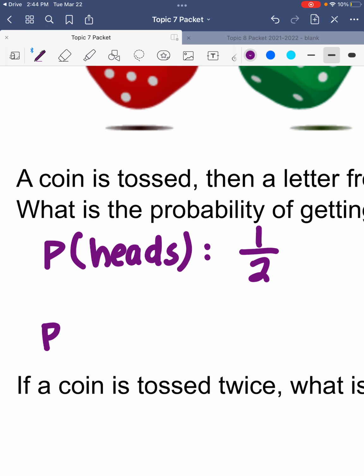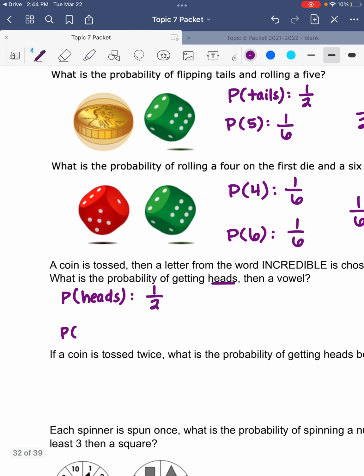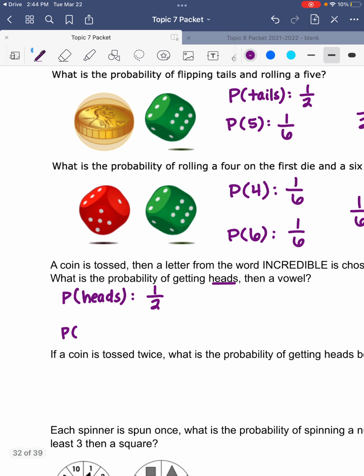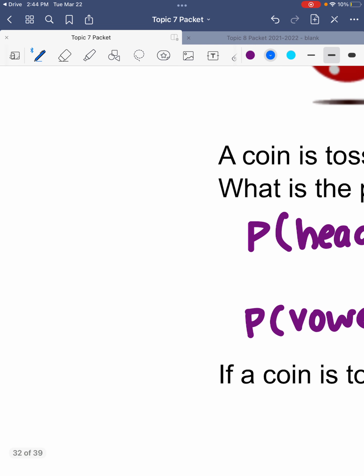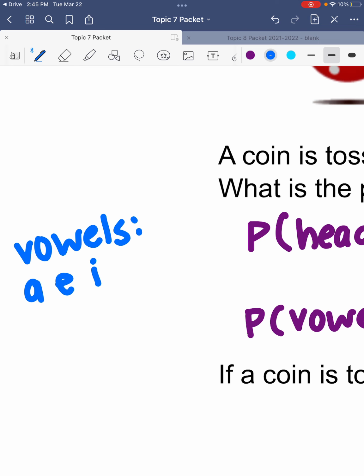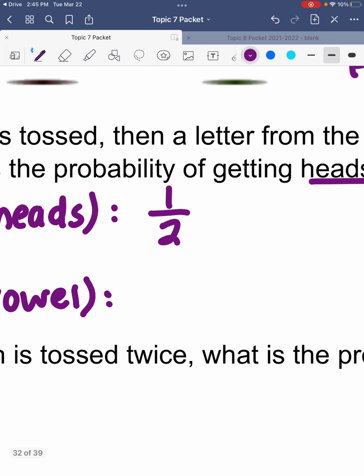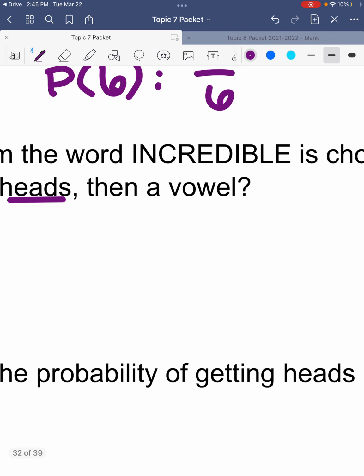Now for my second event, the second event is getting a vowel out of that word incredible. So the probability of choosing a vowel. Now, I just want to remind everyone what a vowel is. Vowels, we are going to consider them as A, E, I, O, and U. Just those 5 letters. So first, I need to know how many letters are in that word incredible.